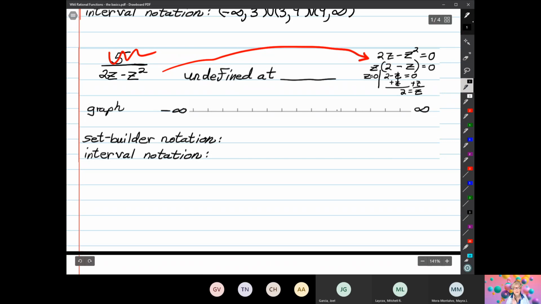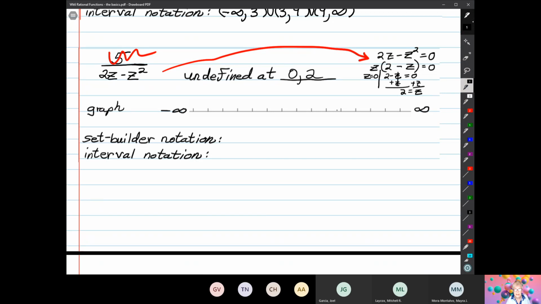So now we know the two numbers that will make this rational expression undefined, which are 0 and 2. Those two numbers will make the denominator equal 0.